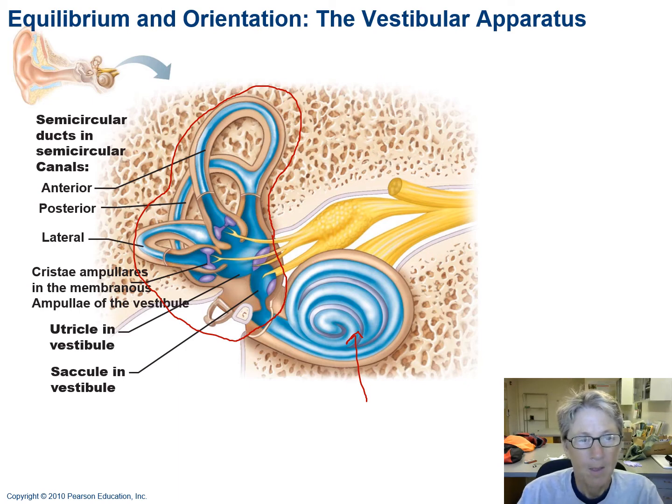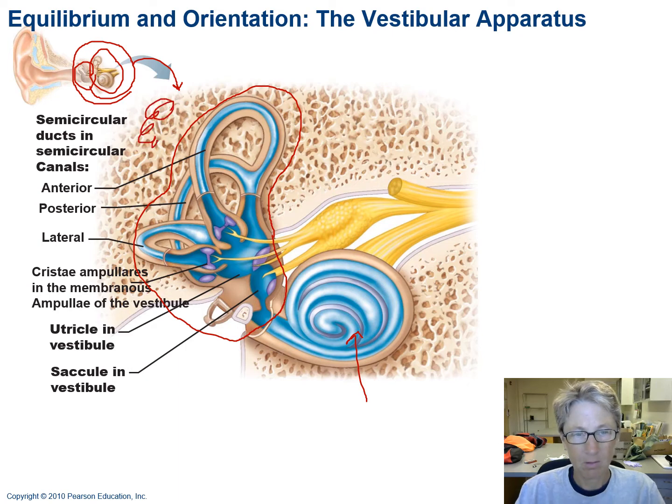So let's take a look at the top. We've got this cartoon. It shows the outer, here's the middle, and then here's the inner ear, and then the inner ear is enlarged. And this bony stuff out here, that's the temporal bone, which makes sense. Temporal bone, that's where your ears are located. And this shows the semicircular ducts. That's these blue things.